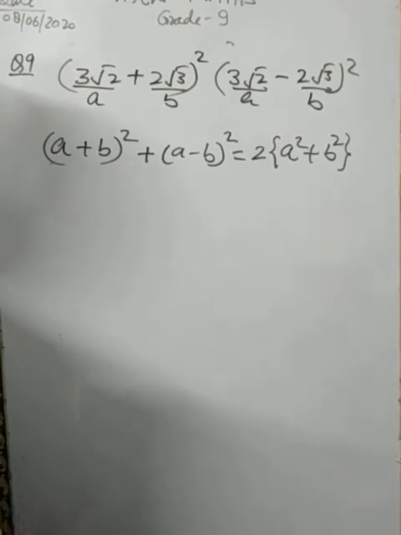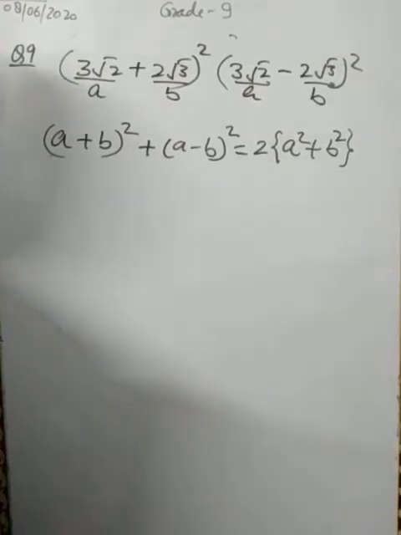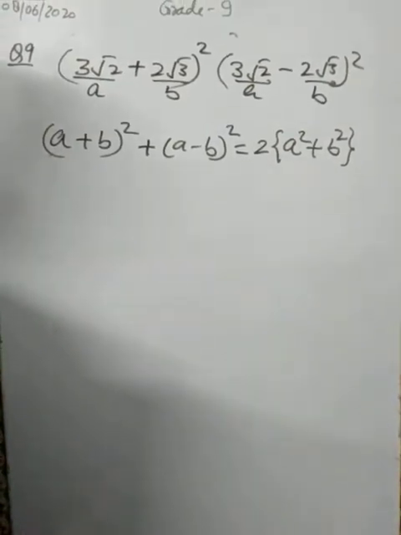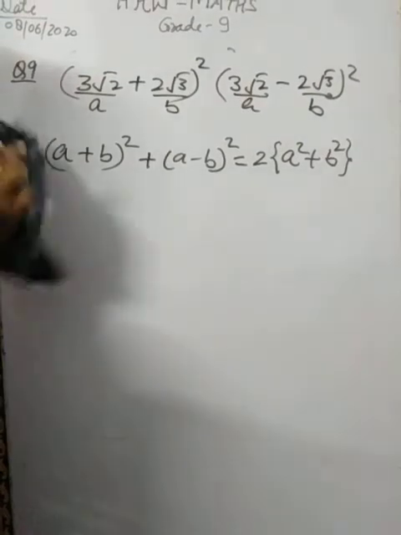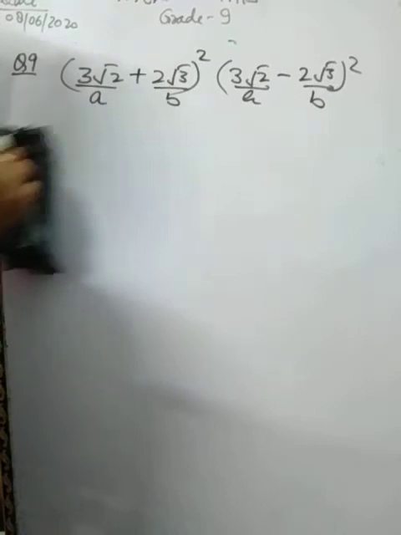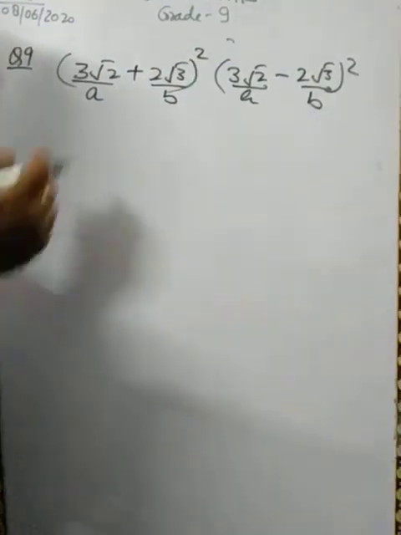But there is no use of this identity. I wrote this because sometimes you may be confused, so you should not use this identity here if you are doing such a question. Don't do this. Again I am repeating, 2-3 times I repeated. Just remember one thing.